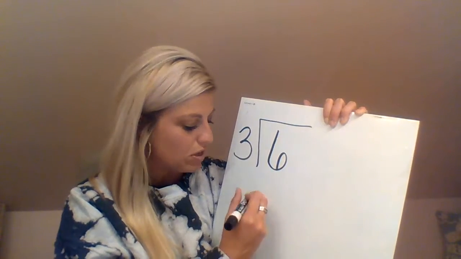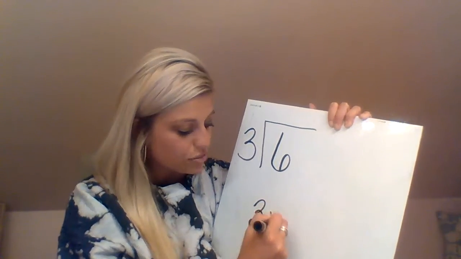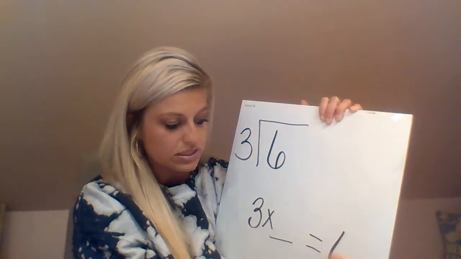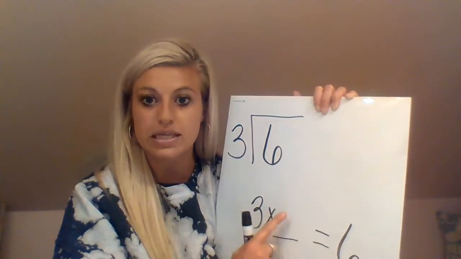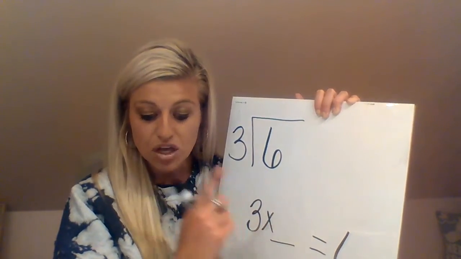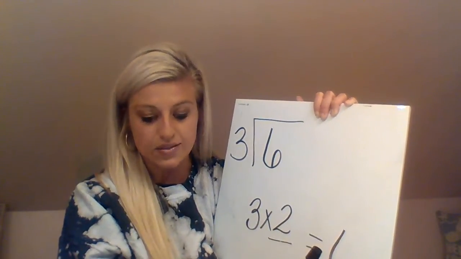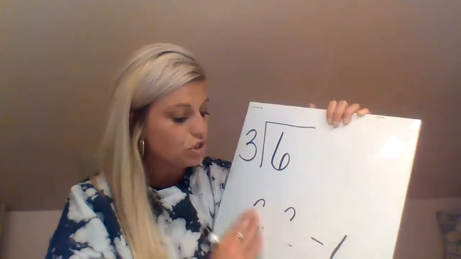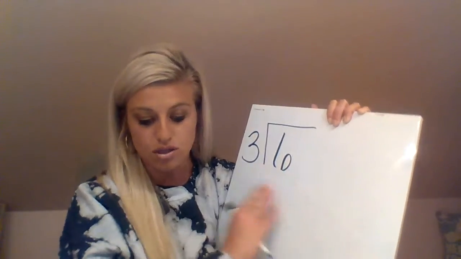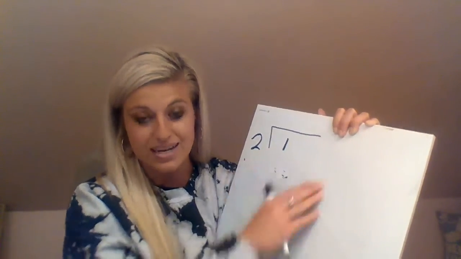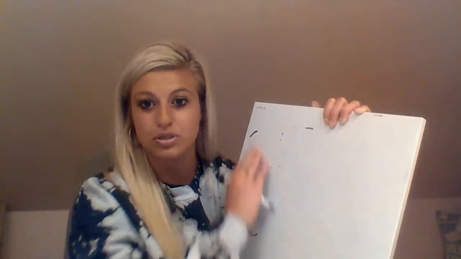And I don't even really need to build my division house on this one because I know that 3 times a number equals 6. What is my missing number? 2. Okay? 3 times 2 equals 6. So 2 yards equals 6 feet. And I can check that because 2 times 3 equals 6.